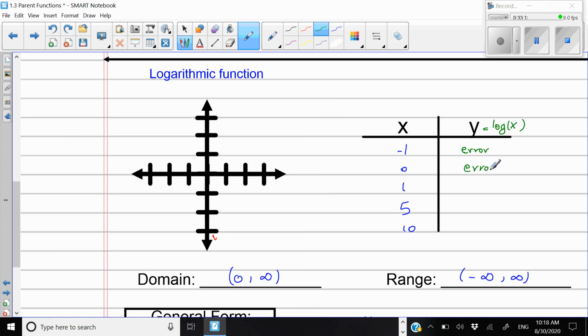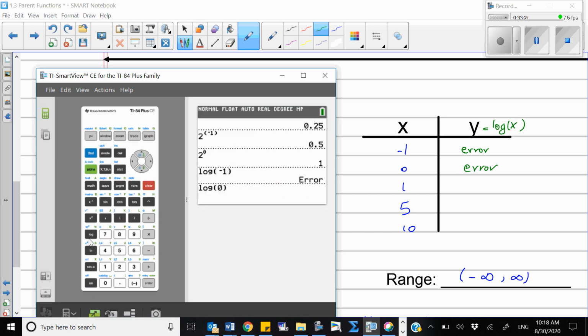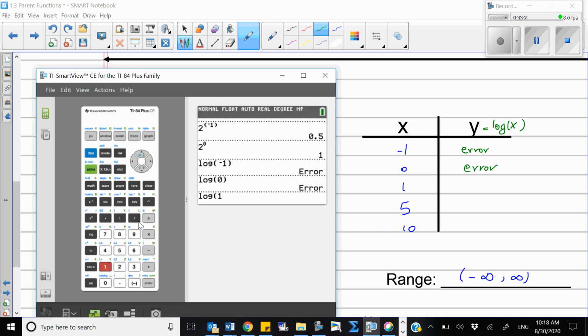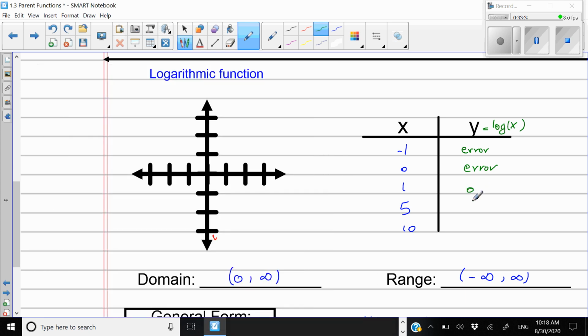For 0, it's not defined. Now I'm going to try log of 1. It's 0. Log of 5 is 0.69 something, and log of 10 is 1. So when x is 1, y is 0.